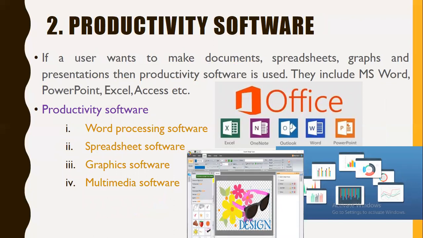The second type of application software is the productivity software. It is an important type of application software. If a user wants to make documents, spreadsheets, graphs, and presentations, we use the productivity software for this purpose.